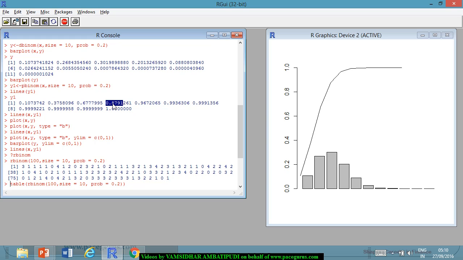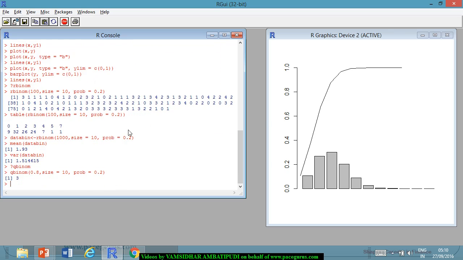So if I want 0.8, this is x less than or equal to 0, x less than or equal to 1, x less than or equal to 2, x less than or equal to 3. So it will give me that maximum value where X is lesser than or equal to x. Here it is giving me the output as 3. I need a minimum of 3 successes if I am talking about the probability of less than or equal to 3 successes being 80%.